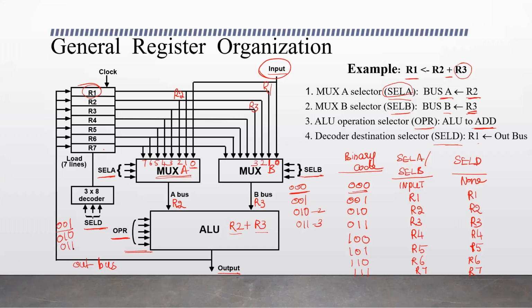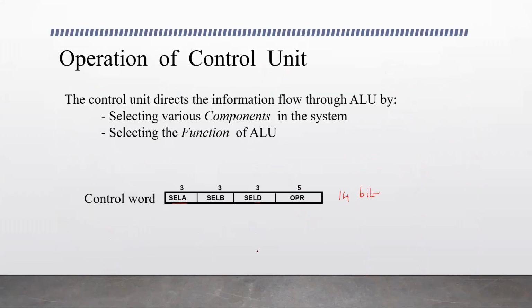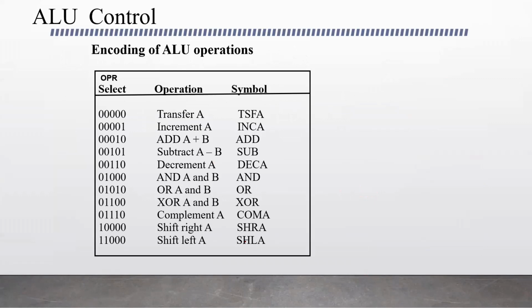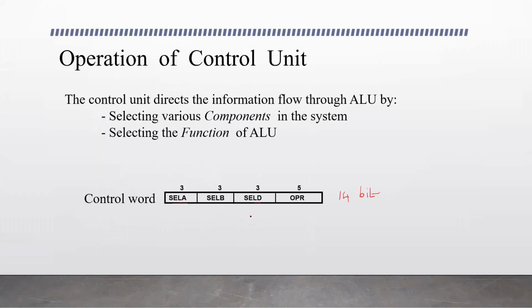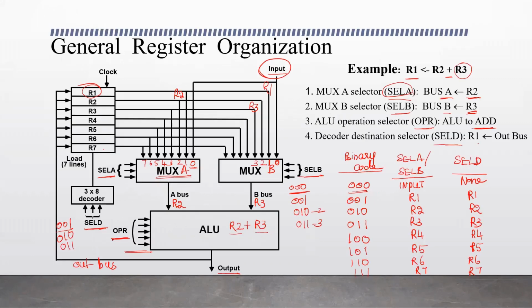So this is how the register selection is done. And we have another operation. Another selection that needs to be done here is that the ALU needs to select its operation, correct? The operation that needs to be performed on the selected inputs. That is decided by OPR, the selection input, which is a 5-bit word, right?